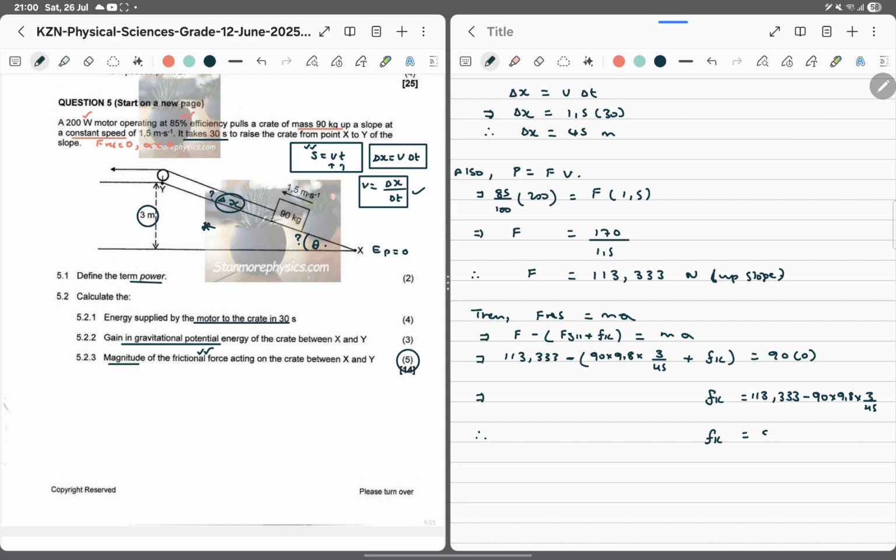I get 54,53 newtons. Again, we were supposed to find the magnitude. We are not interested in the direction. So this was a crazy question. Certainly a higher order one.